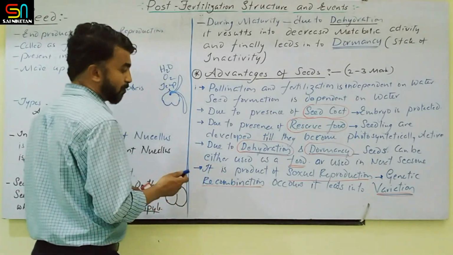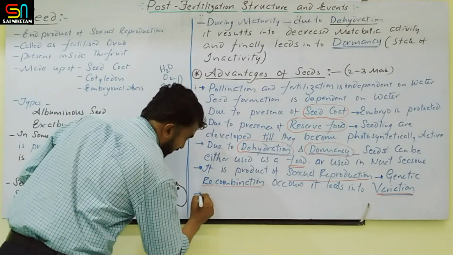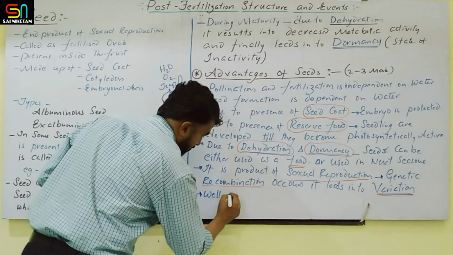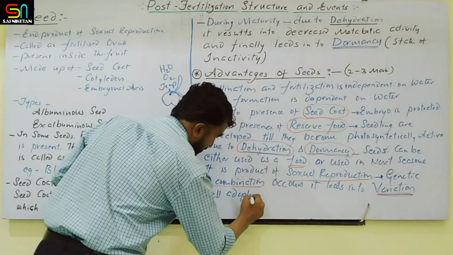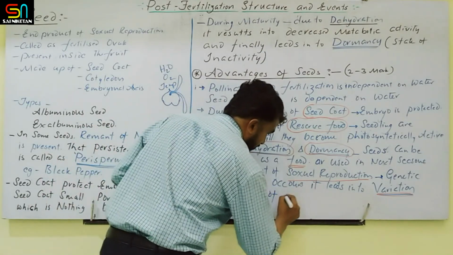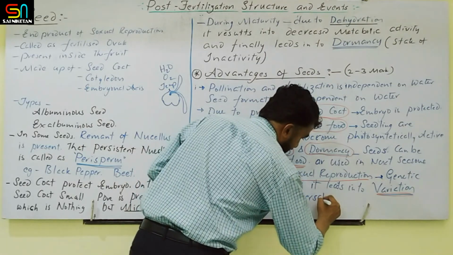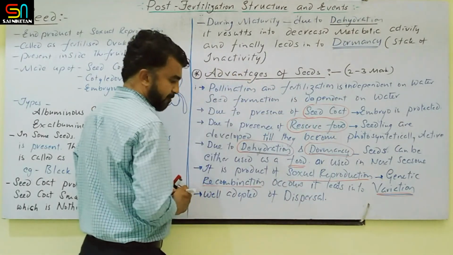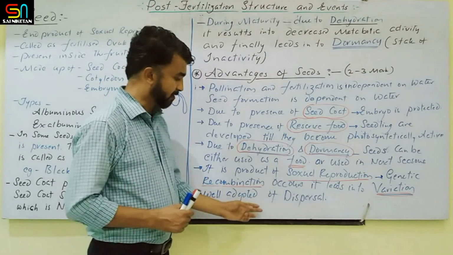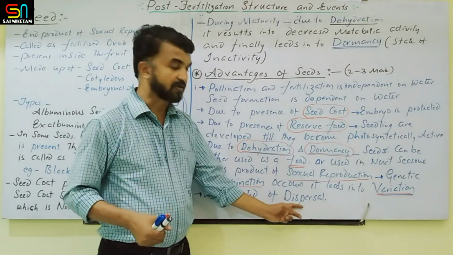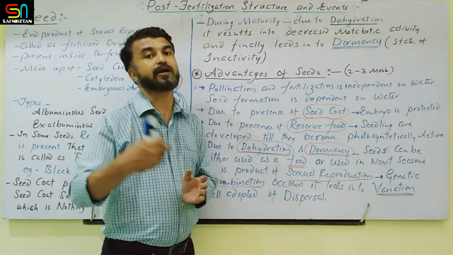Next one, that is the important one. So they are well adapted for dispersal. I'm writing in short. So what happened? The seeds are well adapted and adjusted for dispersal into the new habitat.